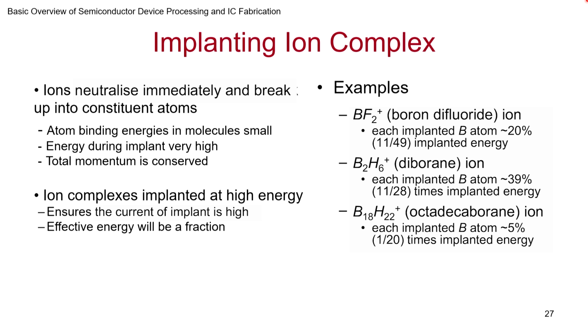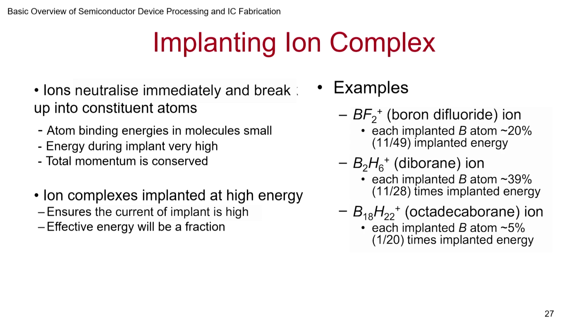So if I implant at, say, 10 electron volts, I will end up making the boron implant at 2 electron volts, 20% of that. If I use 50, it will be 10 electron volts. So you are getting a shallower junction, but you are actually implanting at a much higher energy. This is a very smart way, and in fact people have used all sorts of ion complexes. They use diborane, B2H6, where as you can see it is 11 by 28.